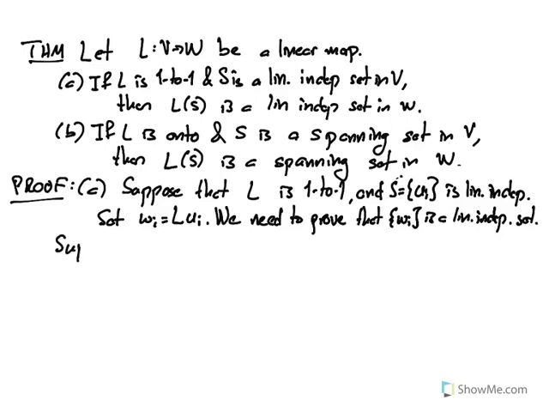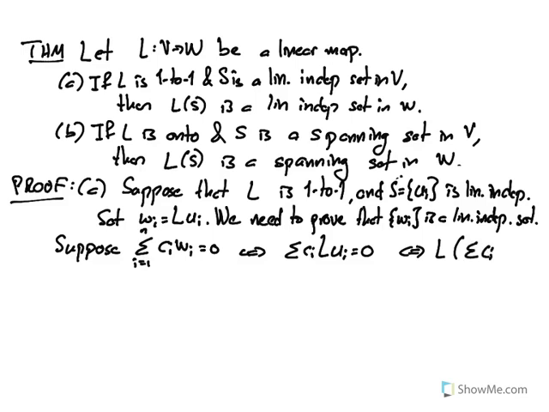So suppose some sum of Ci Wi is equal to 0. Using the definition of Wi, this is the same as saying that the sum of Ci times L of Ui is 0, and then by linearity I can move the L to the outside. The first step is just the definition of the Wi, and here I use linearity.